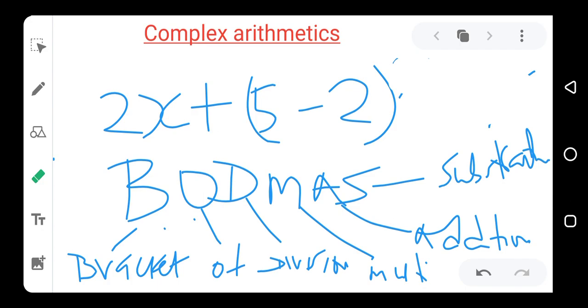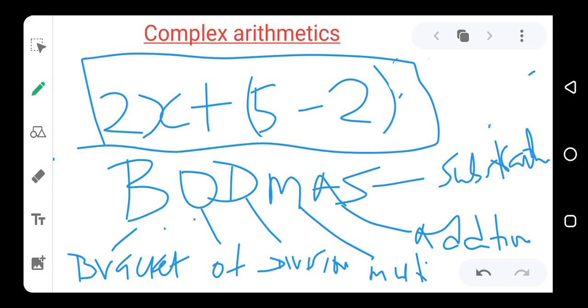Now, taking this one here as an example, Bodmas says that we should start with the brackets. So we come to the brackets and we solve what is inside the bracket, that is 5 minus 2.